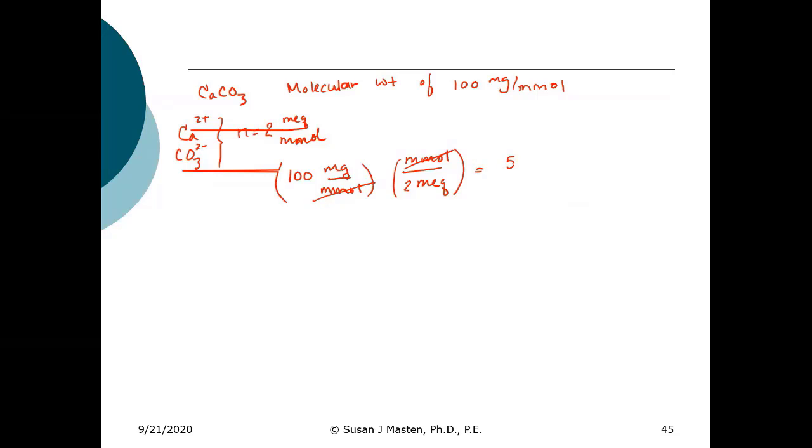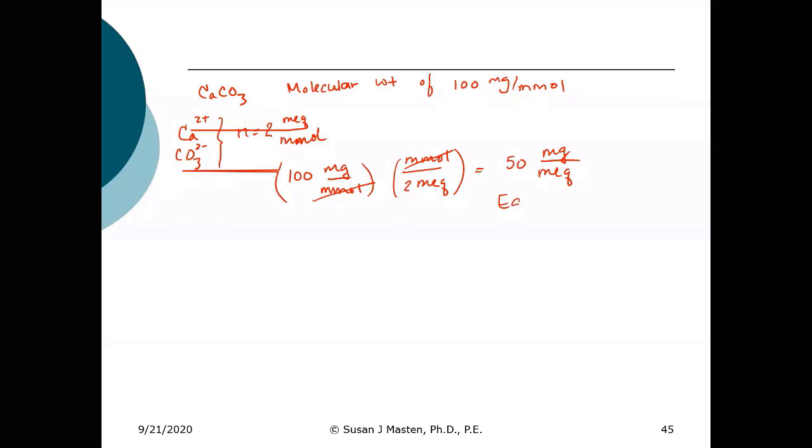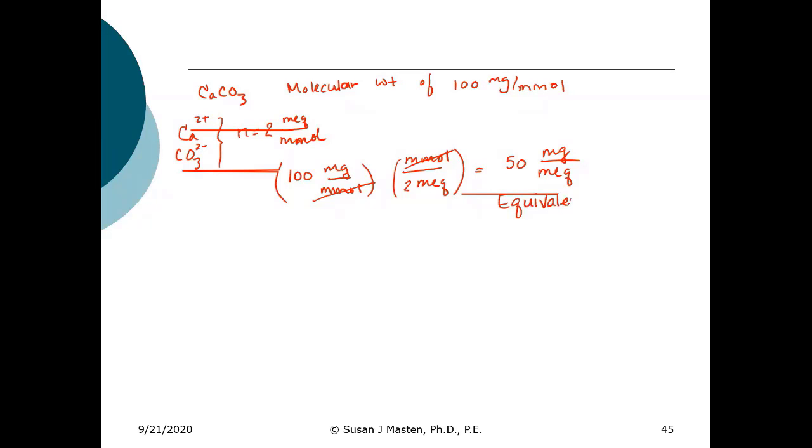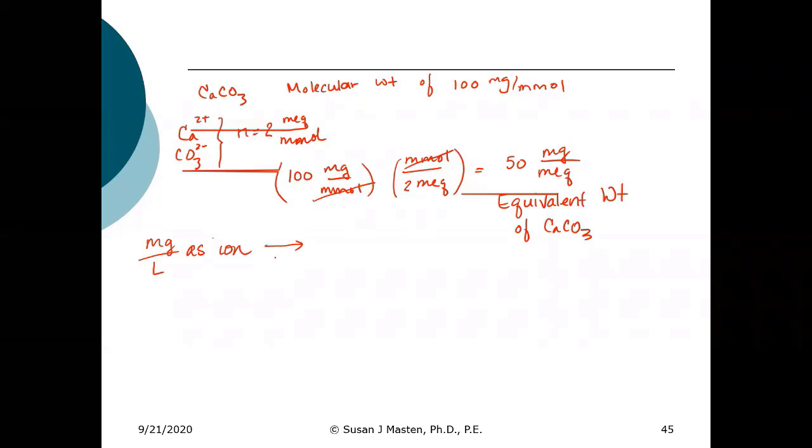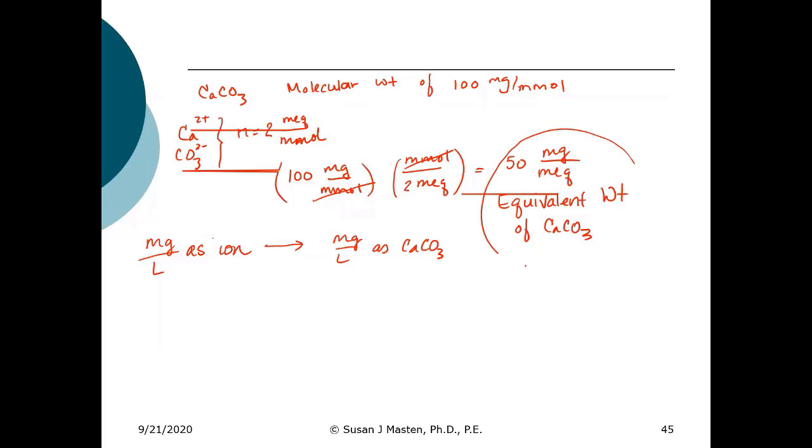That gives us 50 milligrams per milliequivalent. This is the equivalent weight of calcium carbonate. So when we're converting from milligrams per liter as the ion to milligrams per liter as calcium carbonate, we'll use the equivalent weight of calcium carbonate.